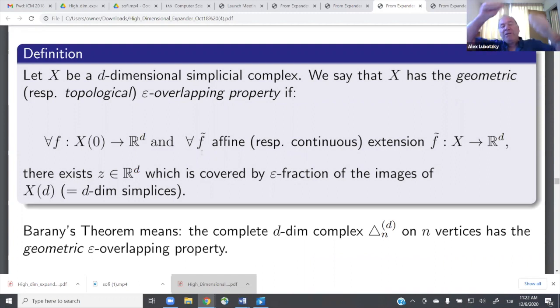You can make the extension in a completely crazy way. Okay, and then we say that the complex has this topological overlapping property if for every continuous extension there exists a point which is covered by an epsilon fraction.